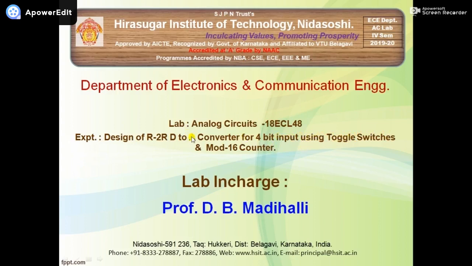In this case we are using the inverting type of amplifier circuit. In the same way, by using the mod 16 counter, that means IC 74193, we are again converting a digital form of input signal to analog output signal.